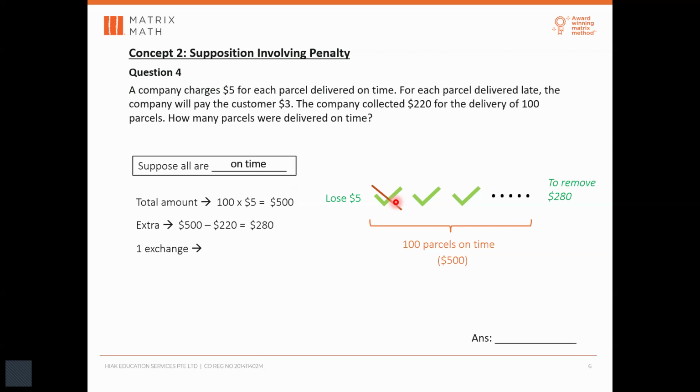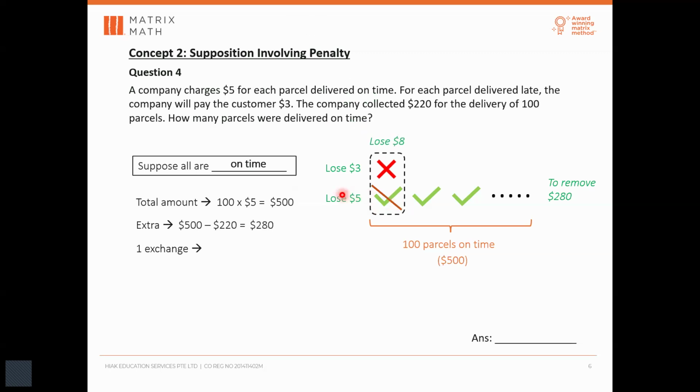Now I replace it with a late. And every late, you don't gain anything. In fact, you lose also. You lose $3. So for every exchange, you lose a total of $8.